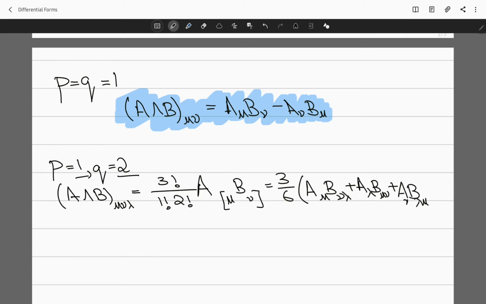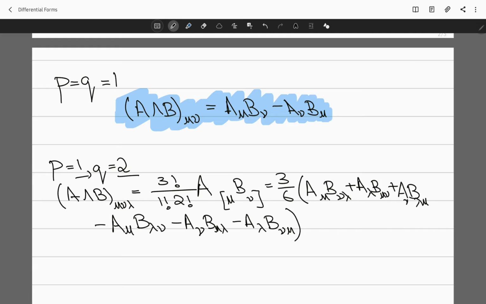We have A mu B nu lambda, A lambda B mu nu plus A nu B lambda mu. Yes, that's correct. And then negative A mu B lambda nu minus A nu B mu lambda minus A lambda B nu mu, and let me write that down neatly.